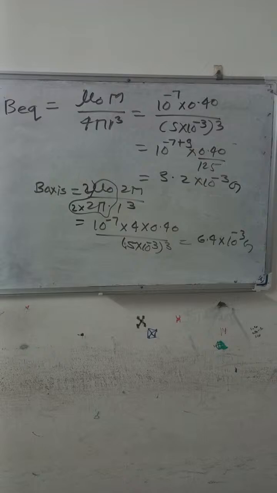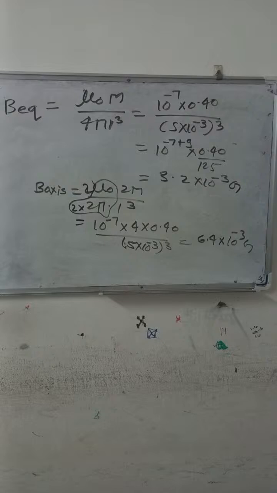Explain the sense in which the solenoid acts like a bar magnet. What is its associated magnetic moment?